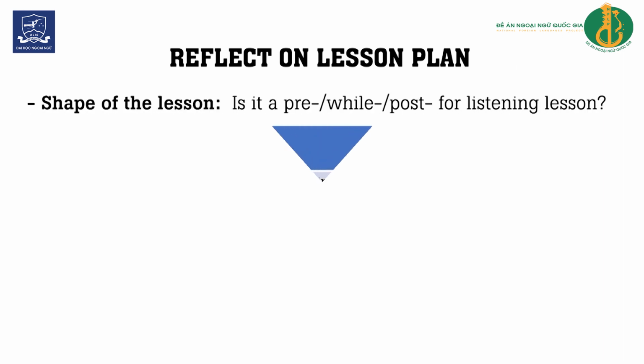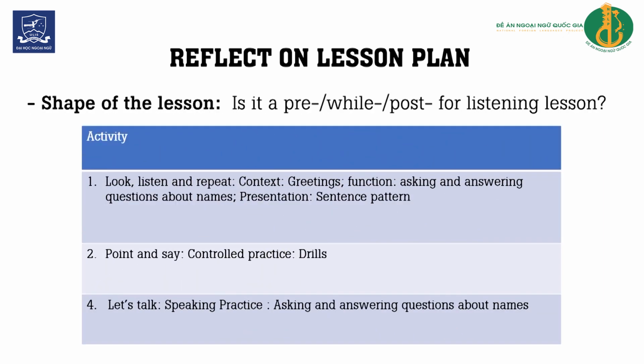Regarding the shape of the lesson, it is rather tricky here, because the name of the activity is Listen. Some may think that this is a listening lesson, therefore uses pre, while, post stages.